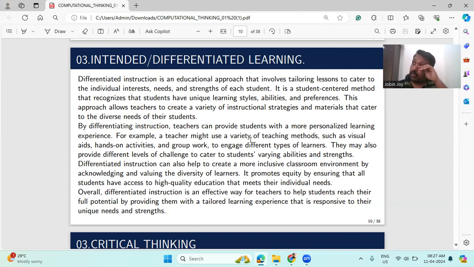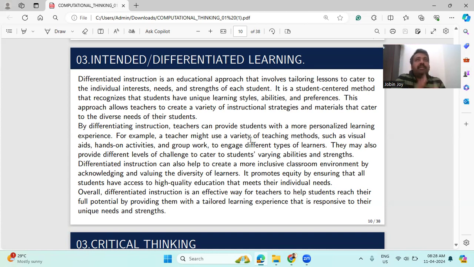That means your main focus is student centric. Not teacher centric, student centric. That means you have to approach the concept in a personalized learning experience. You are delivering the content so that they will feel that they are getting the concept based on their style, their ability, their strength.